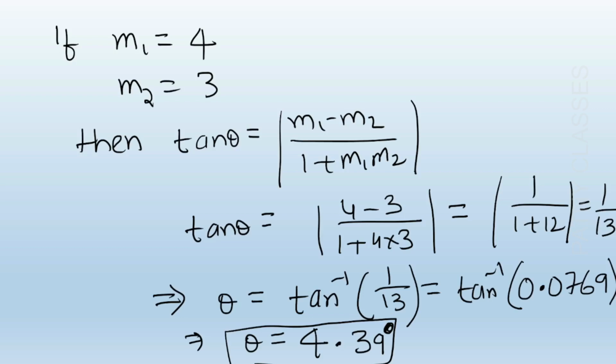By using a calculator, I got the value of 1 upon 13 equals 0.0769, and using the calculator we got theta equals 4.39 degrees. If you are a 12th standard student, you can use a log table instead of a calculator. But if you are an engineering student, you can directly get the value of theta by using your scientific calculator.